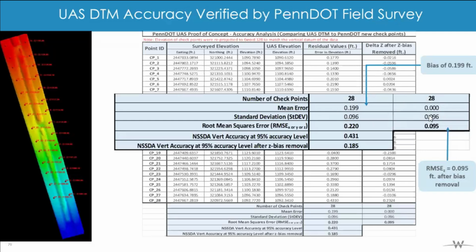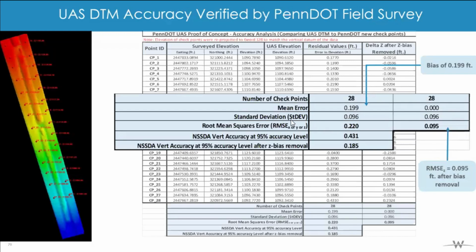Once we do that, you look at the far right column, you see when I remove that, the debiased data, the mean went back to zero. That's what you wanted. And the standard deviation stayed at 0.096, but the root mean square error becomes similar to the standard deviation, 0.095. That's the beauty of understanding these statistical concepts.